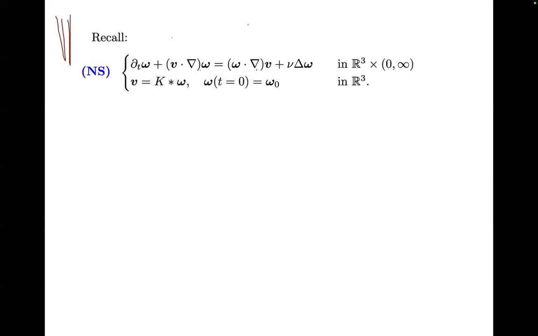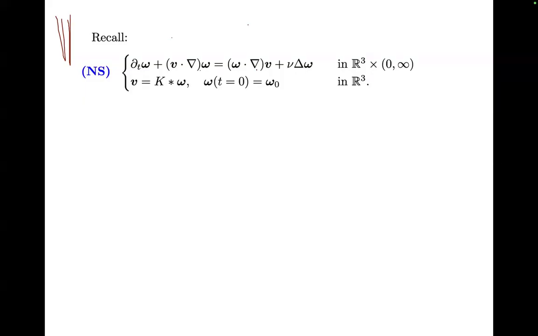So remember that the Navier-Stokes equation is the one you see there. So you have, of course, the heat flow, which is the derivative of omega with respect to time, and the viscosity times the Laplacian, which is the very first on the left and the very last on the right. And then you have the convective term, which is the directional derivative of the vorticity in the direction of the velocity, v dot grad of omega, the second term on the left.